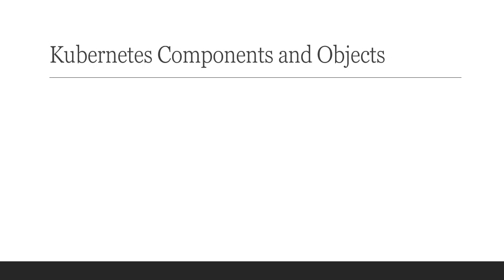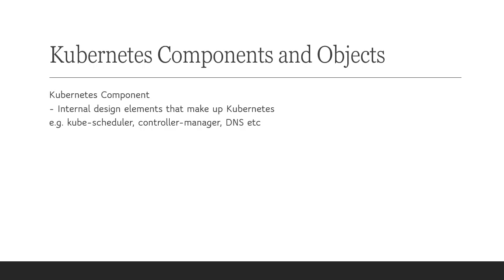Well, before we begin further discussion on Kubernetes, I wanted to introduce the concept of Kubernetes components and Kubernetes objects. When we say Kubernetes components, we mean the internal design elements of Kubernetes. These are several modules that make up the entire Kubernetes.